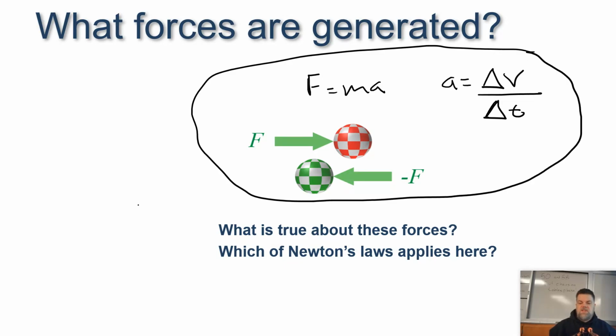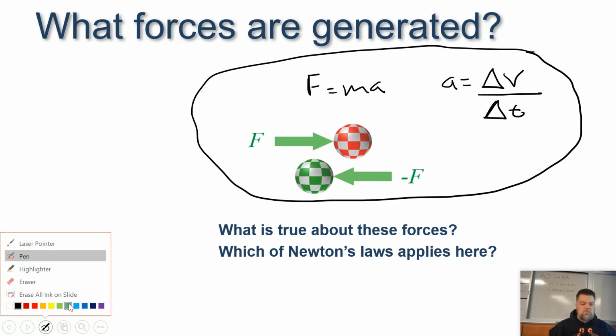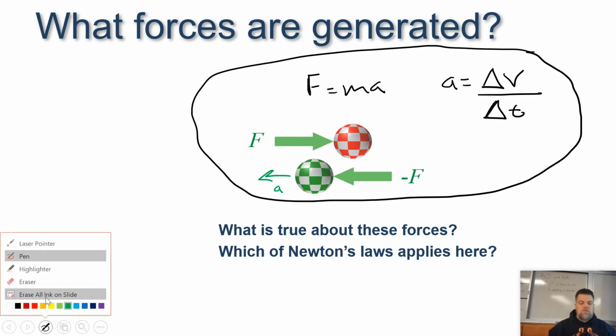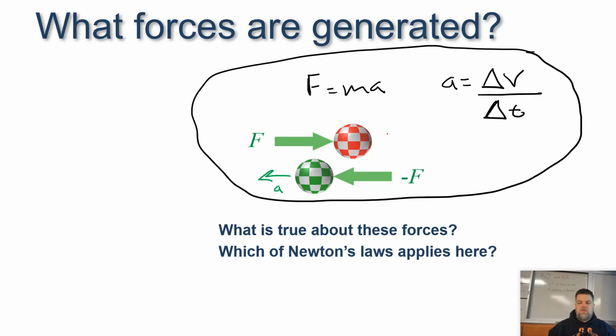So what happens is, in order for the green ball to change its direction, it's accelerated. And the red ball, remember, is changing its velocity too. It has an acceleration going this way. And so this has a force going this way. This has a force going this way.